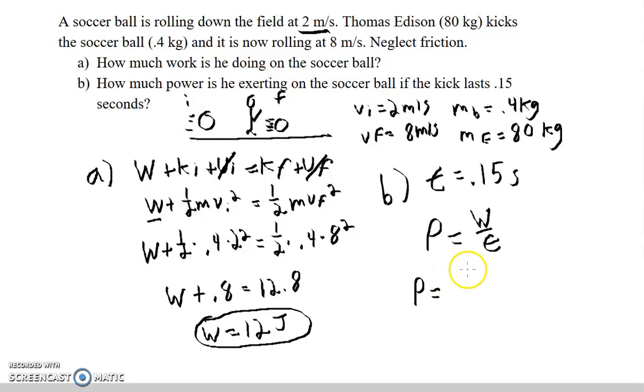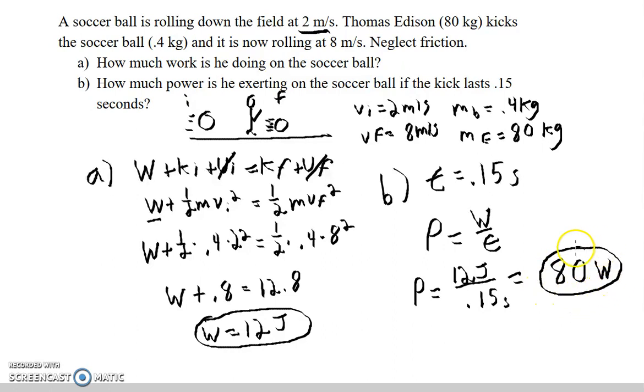So the power is going to be the work, 12 joules, over 0.15 seconds. If we divide 12 joules by 0.15 seconds, we get 80, and the unit is W for watts. So Thomas Edison is exerting 80 watts of power on that soccer ball.